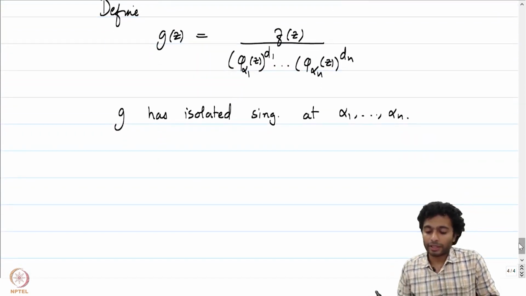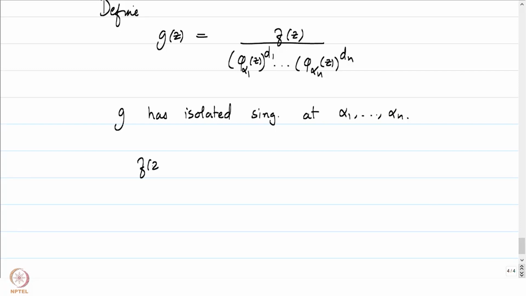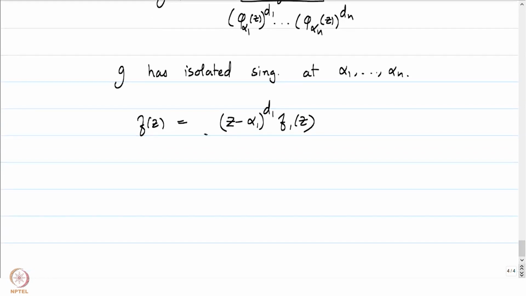If you focus at alpha 1, f of z is going to be equal to (z minus alpha 1) to the power d1 times some f1 of z, where f1 of alpha 1 doesn't vanish. And if you focus on phi alpha 2 of z all the way up to phi alpha n of z to the power dn, phi alpha 2 of z does not vanish at alpha 1.